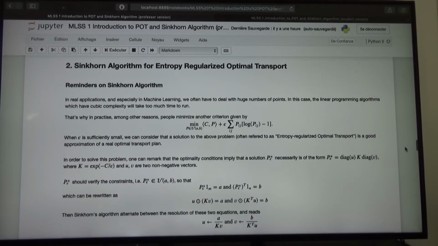So we have this entropy term, and how do we solve this? How does this actually imply a much more efficient algorithm? Well, now we have this objective, and we have the constraints. So from an optimization point of view, we have a constrained optimization problem, so we're just going to add some Lagrange multipliers.